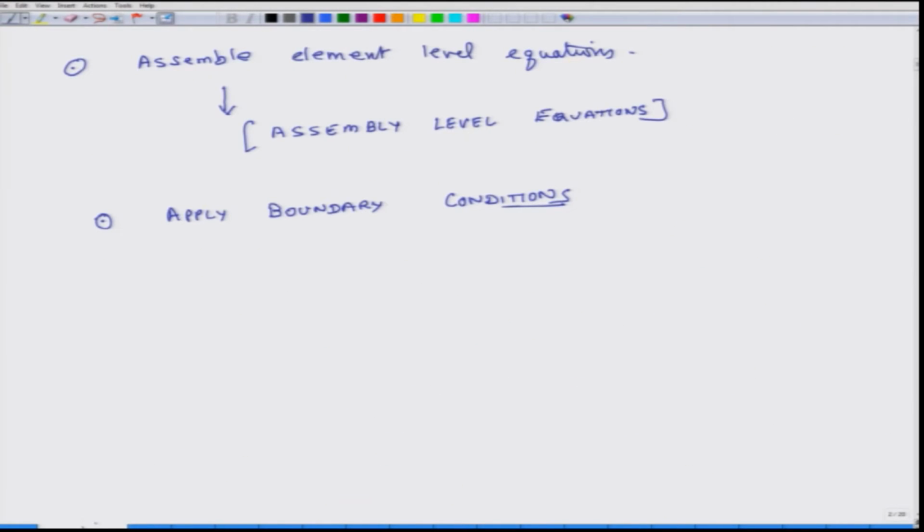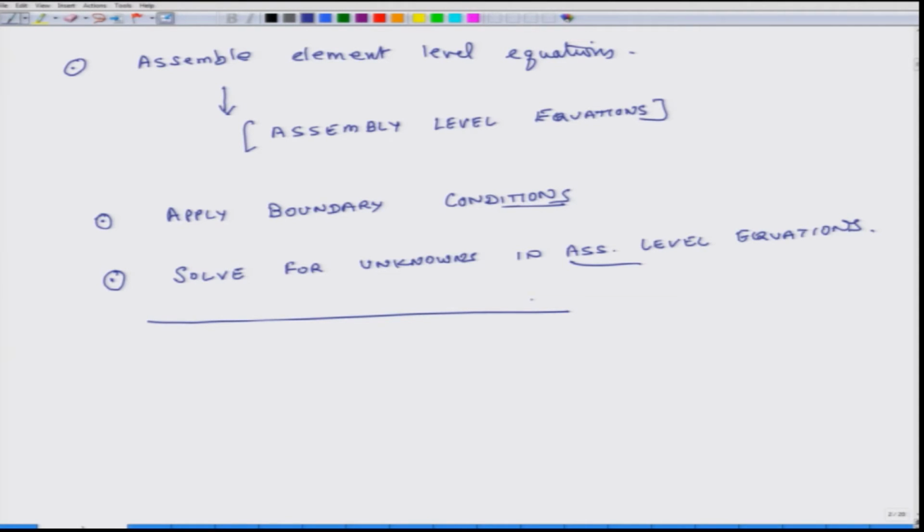We can apply those boundary conditions, and once we have applied the boundary conditions, then we solve for unknowns in the equation in assembly level equations, and this is how we get the solution for the overall thing.